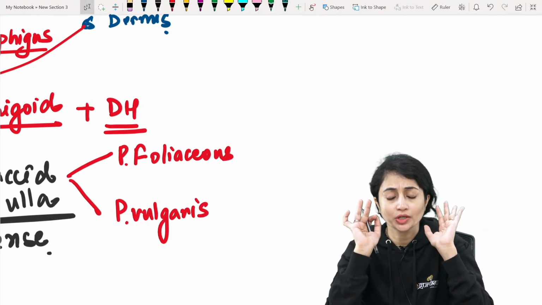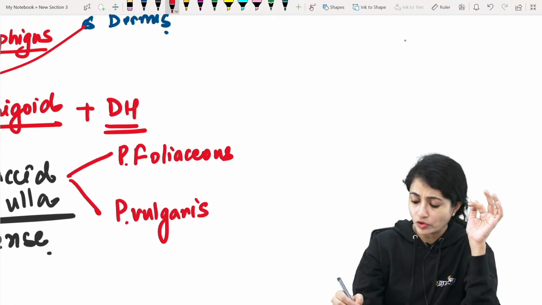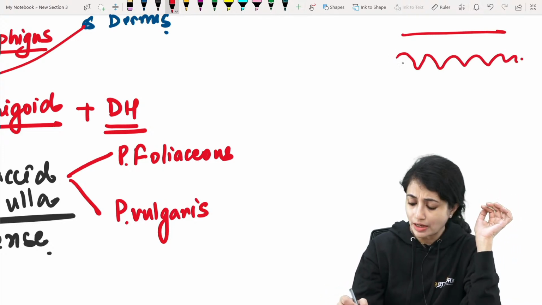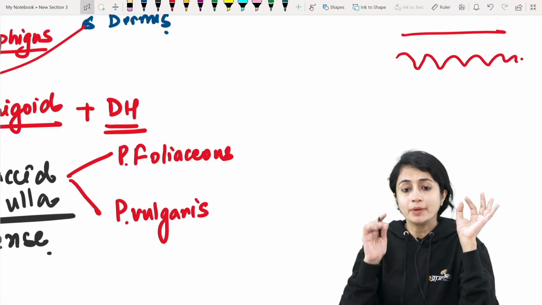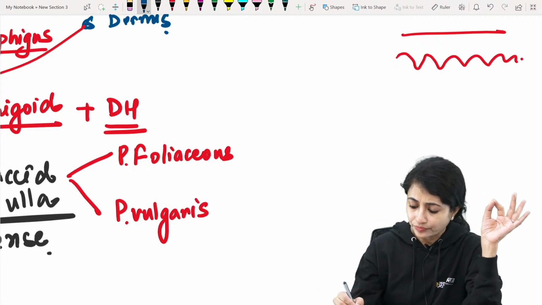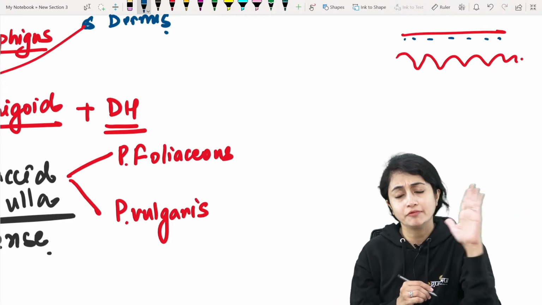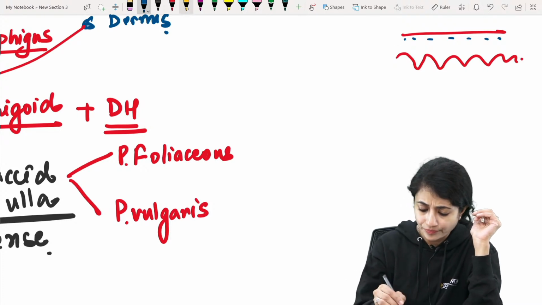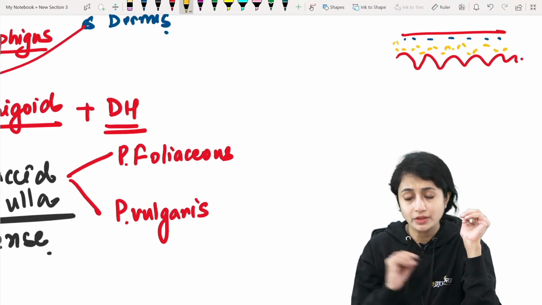How do you differentiate them? Even if we are talking about the epidermis, which was this, we know whatever is happening is in the epidermis. It is an intraepidermal disorder, both of them, but foliaceus is here. The antigen is very, very up in the epidermis, whereas in vulgaris, it is here, lower epidermis.